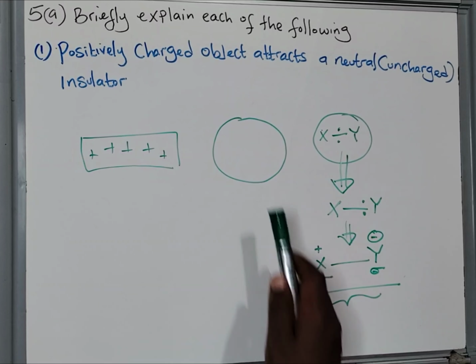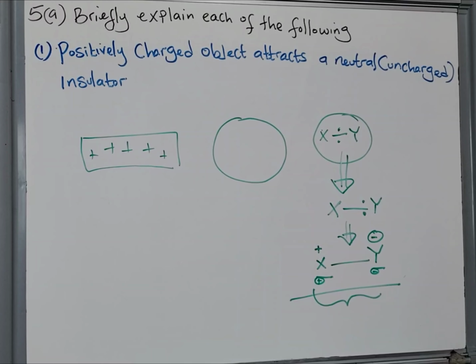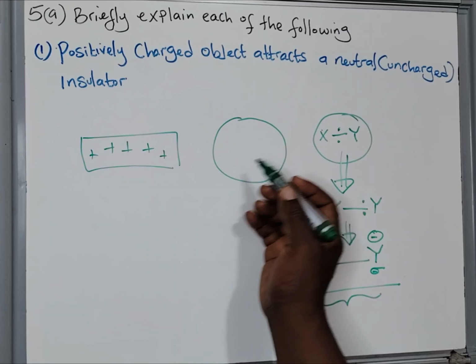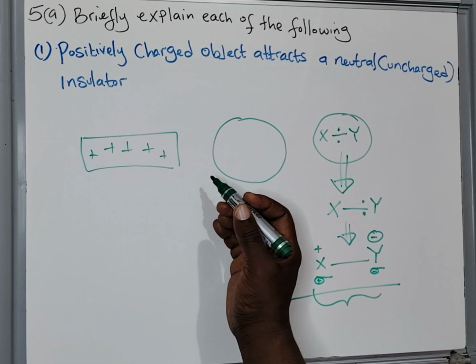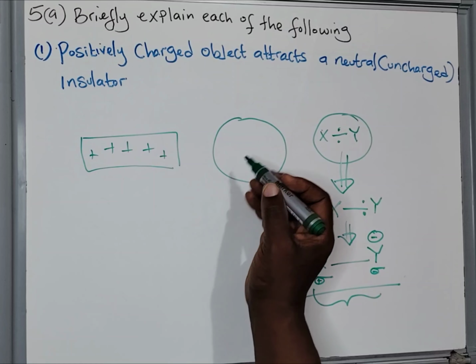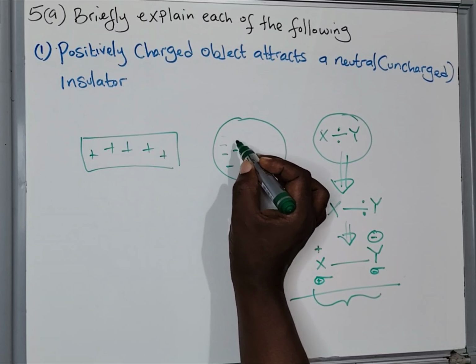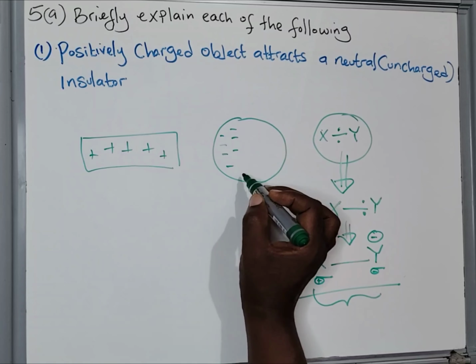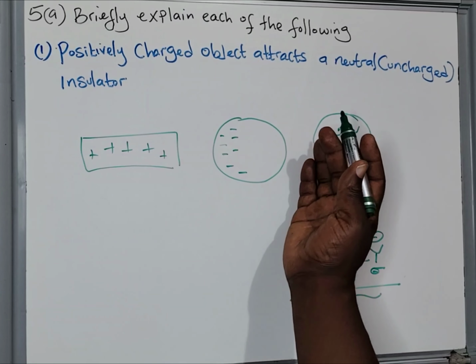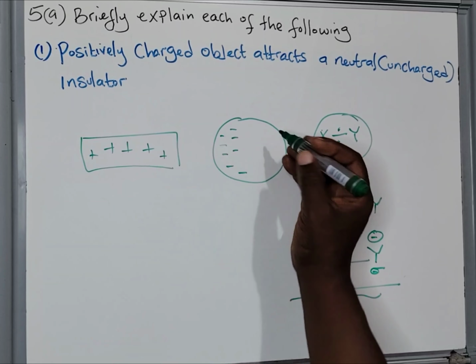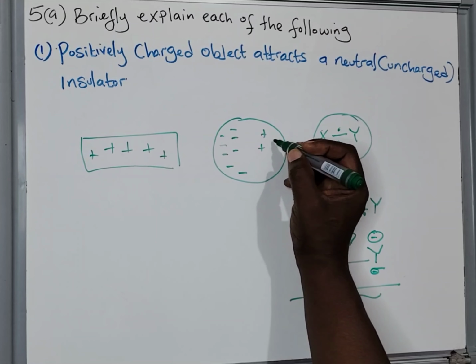So that's what happens here. Our insulator becomes polarized. There's a tendency for electrons to move closer to this side, and when electrons withdraw towards this side, the other end becomes positive.